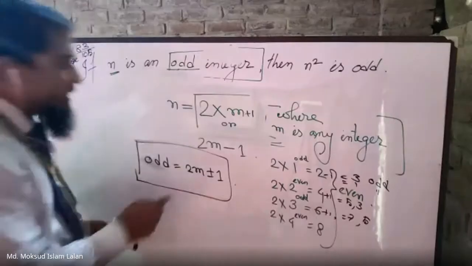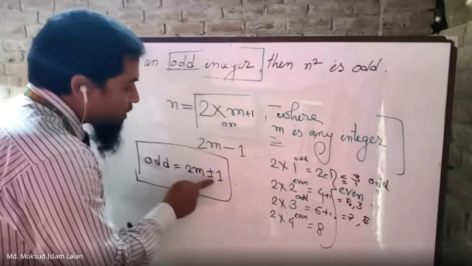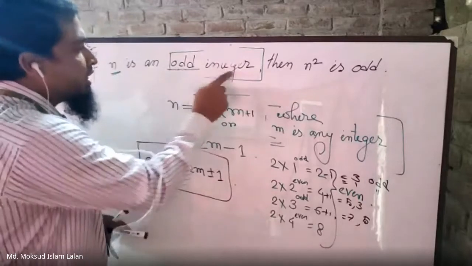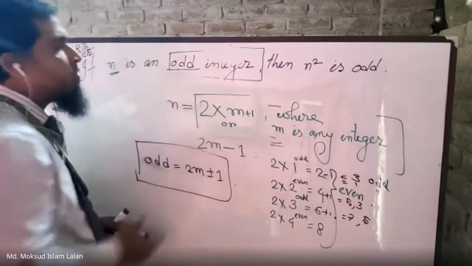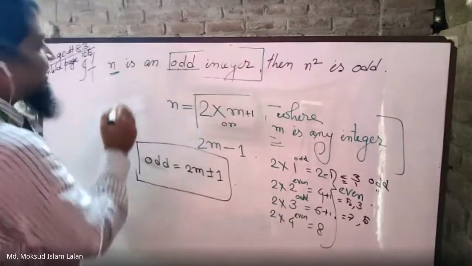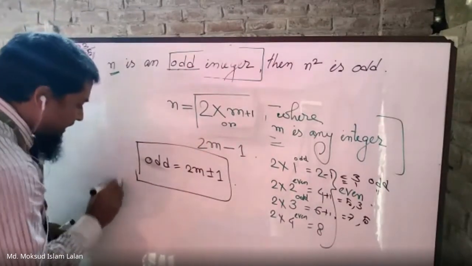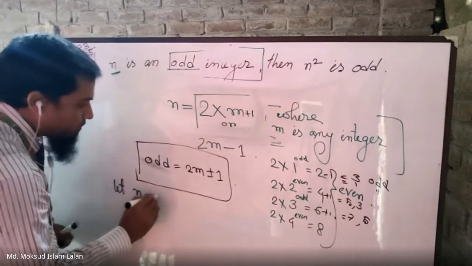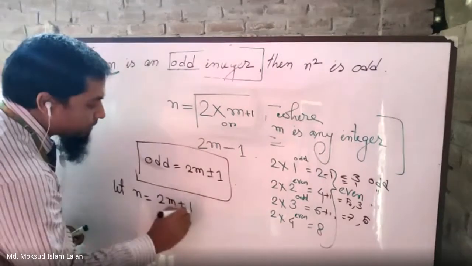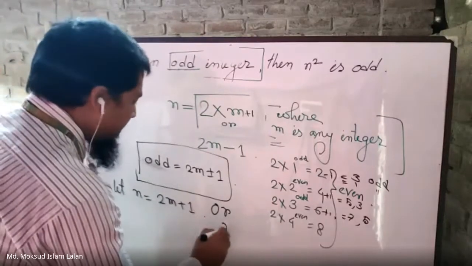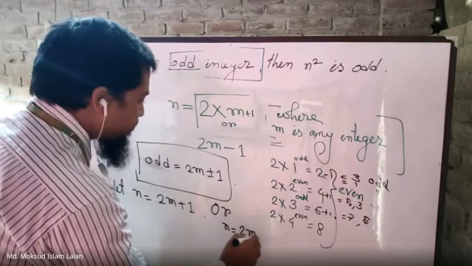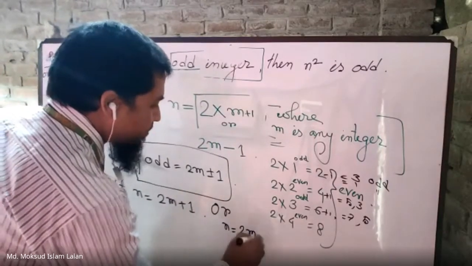So dear student, this is the structure of an odd integer number. You can consider n equals 2m plus 1, or someone can consider n equals 2m minus 1.